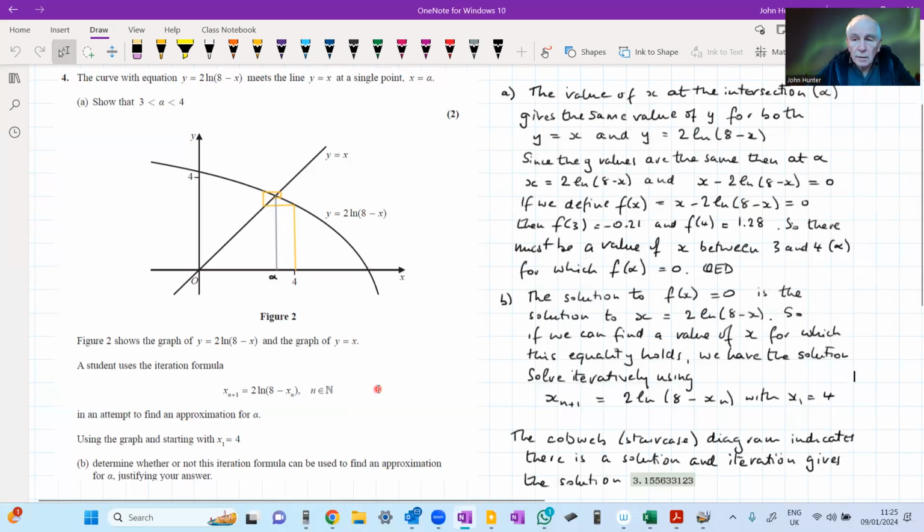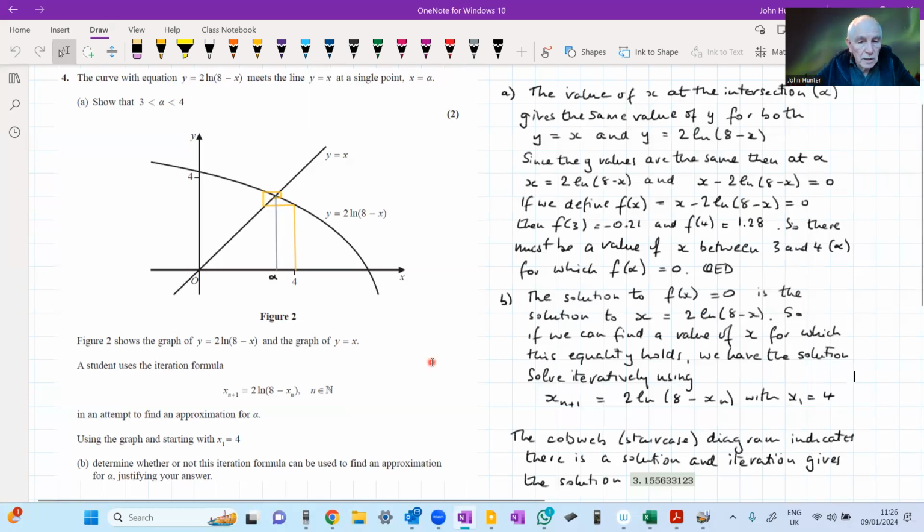There is another one that we need to know about if you're doing A-level maths, and that's the Newton-Raphson method, which is a slightly more sophisticated and robust method, slightly less likely to diverge. That is the subject of another video.